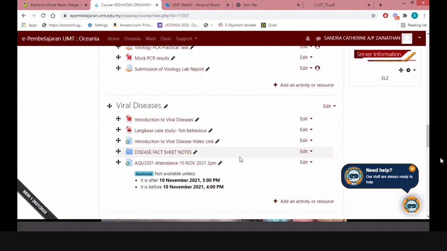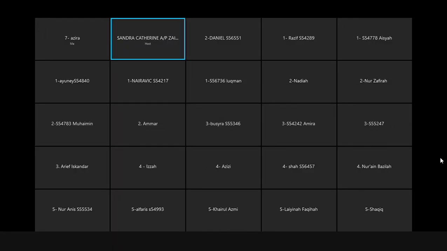Read about those notes and also about those diseases. So for tomorrow, there will be a group work based on disease diagnosis. So I will give you a few case studies for each of the groups, and you have to diagnose the disease. So you can also use the notes to do that, and also you boleh rujuk kepada OIE website.